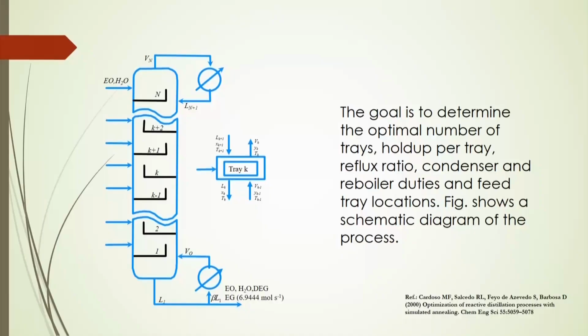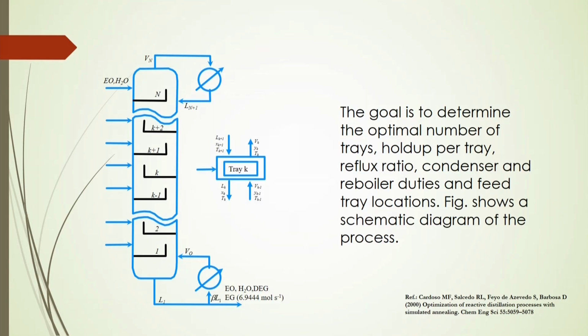I am not explaining how these operations work, everybody knows how a distillation column is operated: from the top, the vapor comes after distillation, some reflux is sent back and goes downward, and from the bottom the heavy product is boiled and then supplied so that it goes up like this.